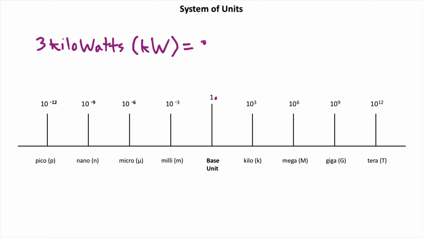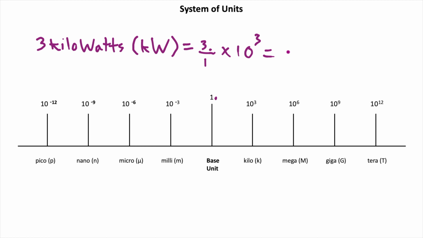So basically we have 3 point here, or 3 decimal. And then kilo, where is kilo? Kilo is over here, and it's 10 to the 3rd. So this is the same thing as saying 3 times 10 to the 3rd.